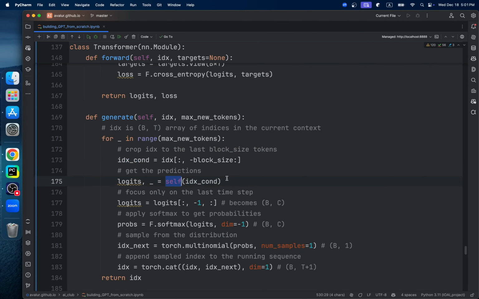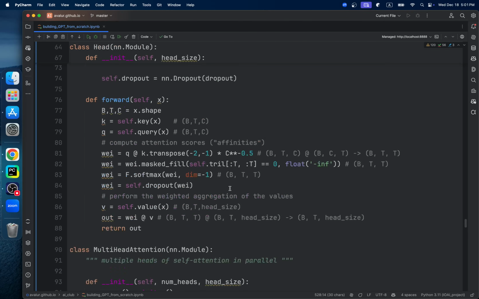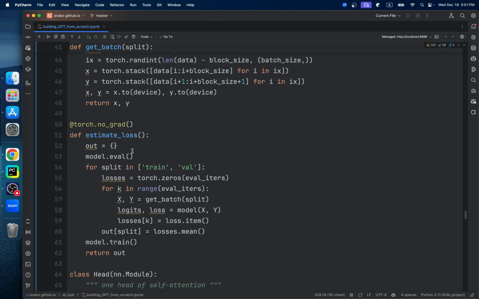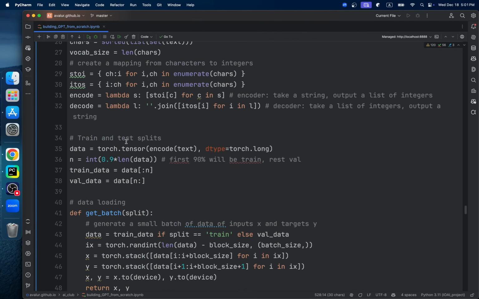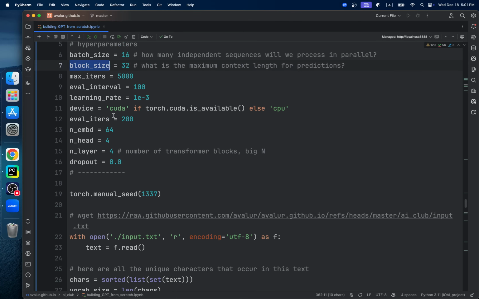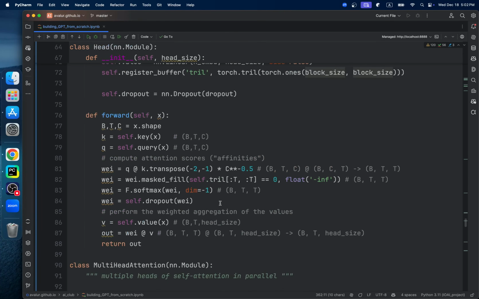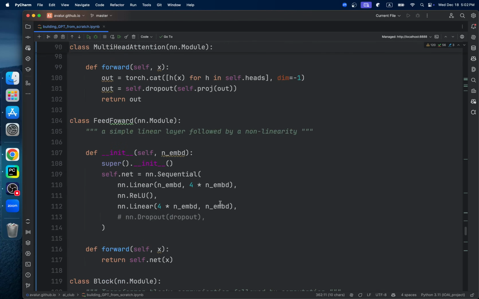So we put into the model all the tokens we want to use, this is the block size, 32 characters, and based on them we predict the next character.